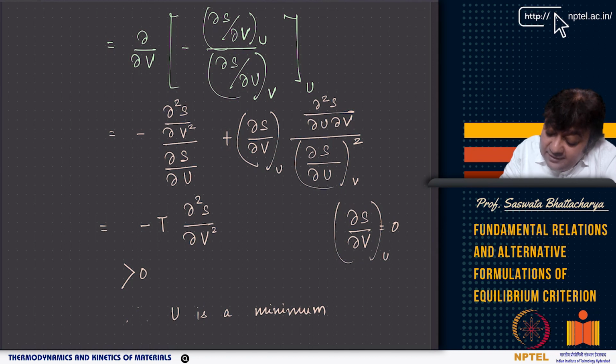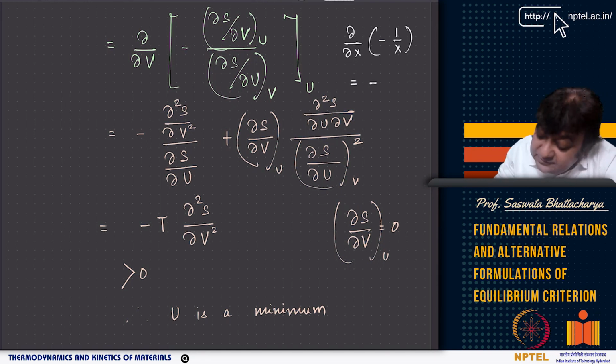If I have minus of 1 by x, so the differentiation, if you do ∂/∂x of 1 by x, this is equal to minus 1 by x squared, right, because it is x to the power minus 1, so minus 1 times x to the power minus 2, which is minus 1 by x squared.